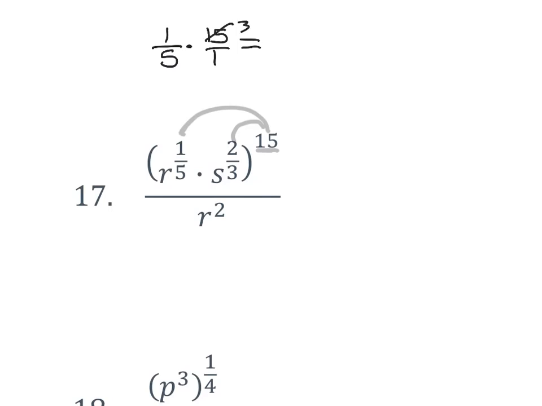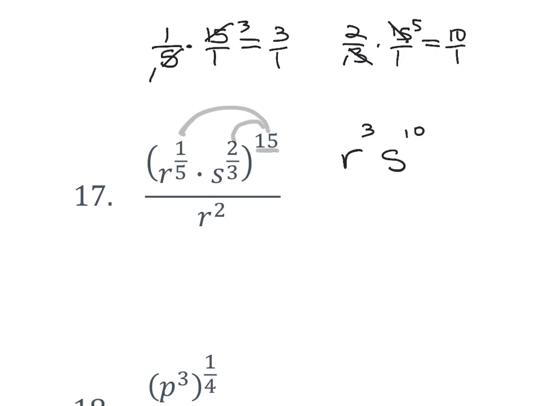I can simplify. And the power on my R is 3. Then for the S, I'm going to do 2/3 times 15/1. I can simplify this, make this a 1, a 5, 10/1, so it becomes S to the 10th power.